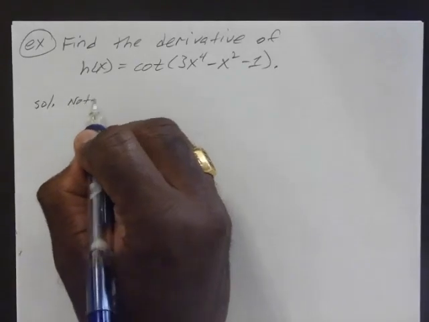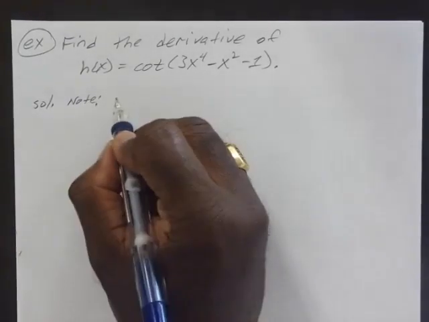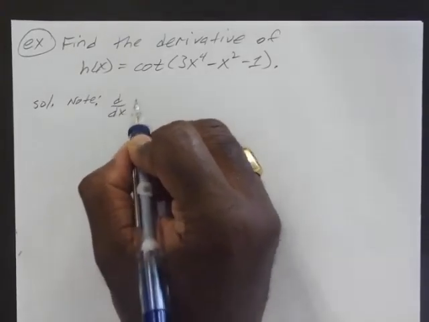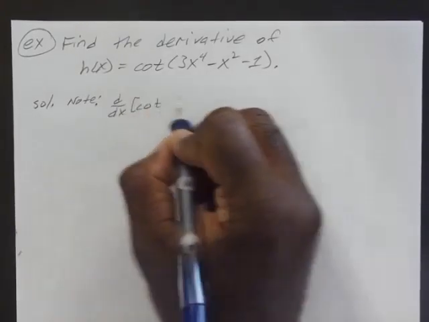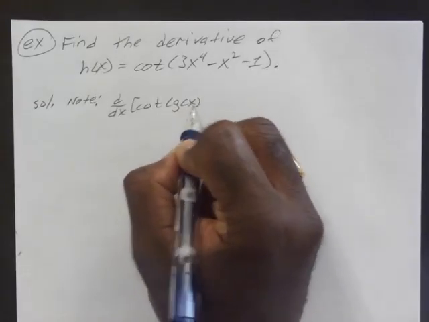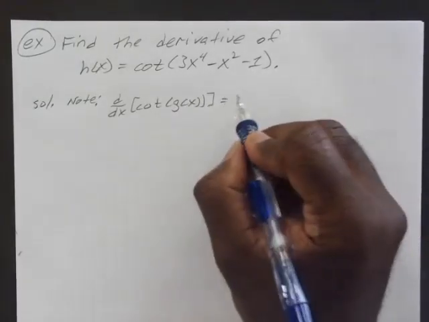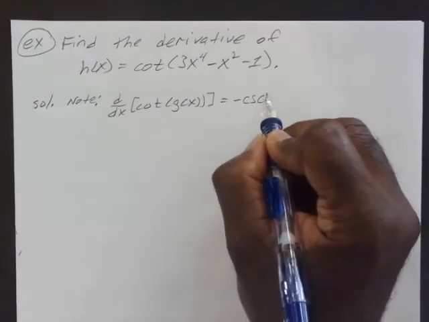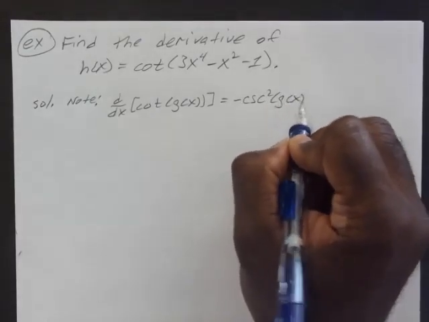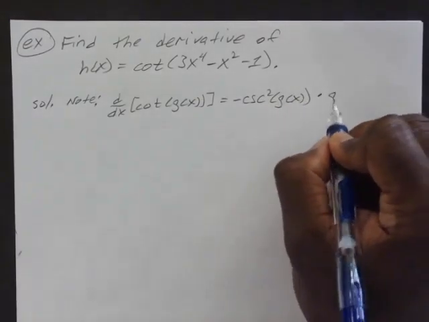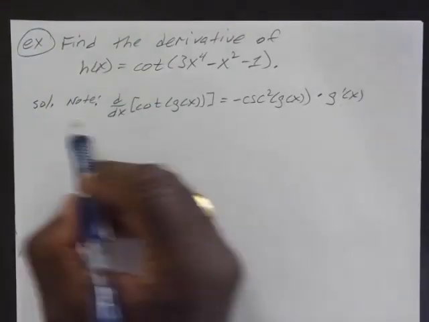Okay. So remember, we know that the derivative of cotangent of g of x is equal to negative cosecant squared of g of x times the derivative of that g of x.